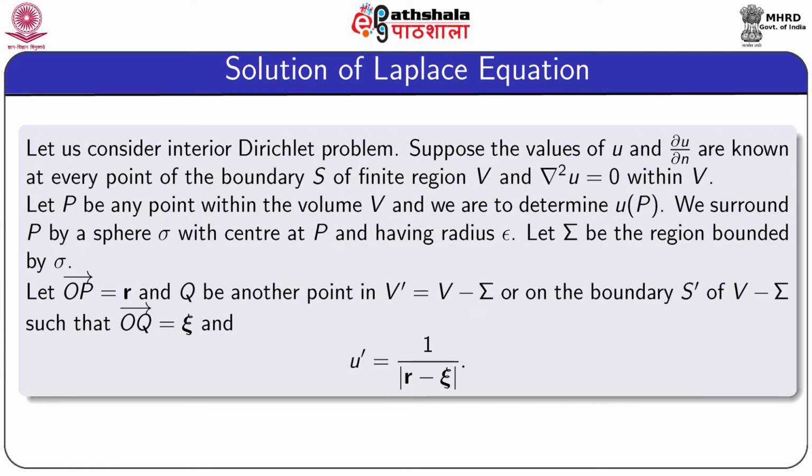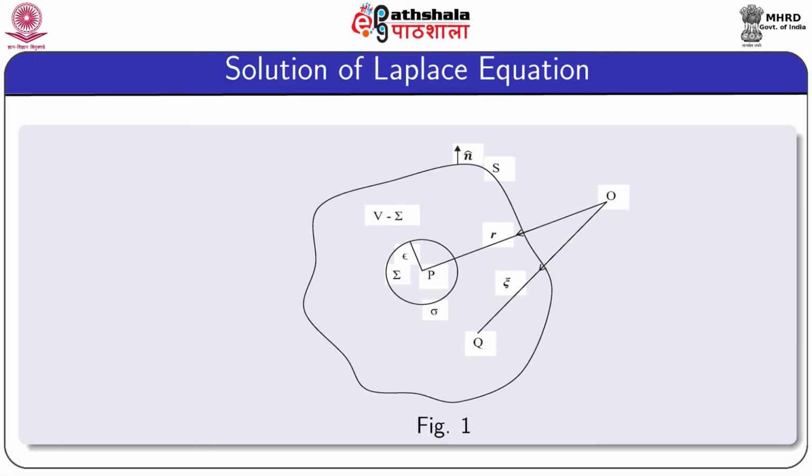Let capital sigma be the region bounded by small sigma. Let OP be the vector r, which you can see here. O is the position of the origin and P is a point inside V, and OP is the vector r, and Q is an arbitrary point in the region V, and OQ vector is xi.